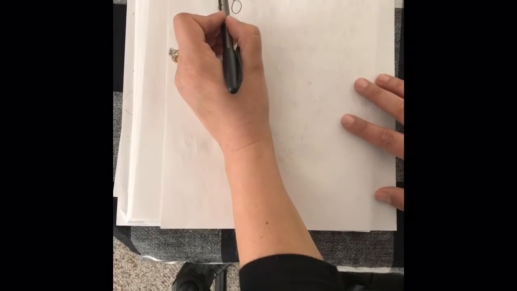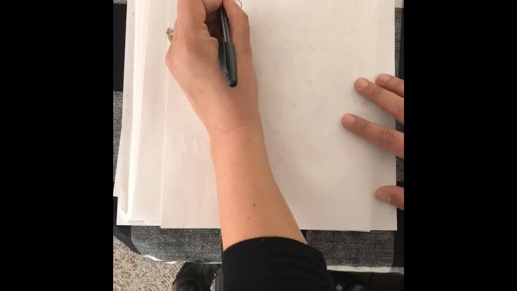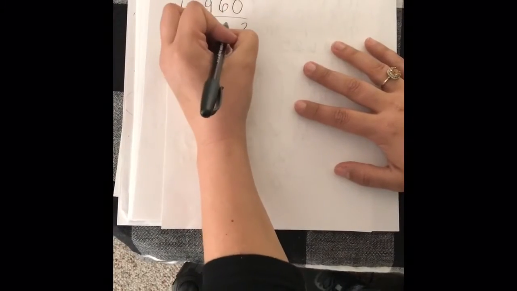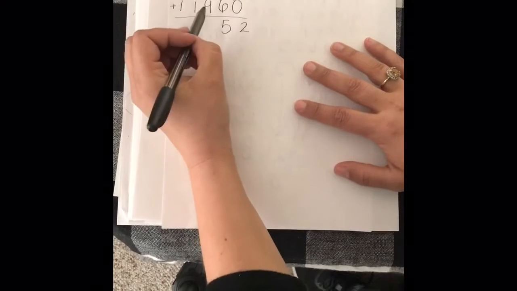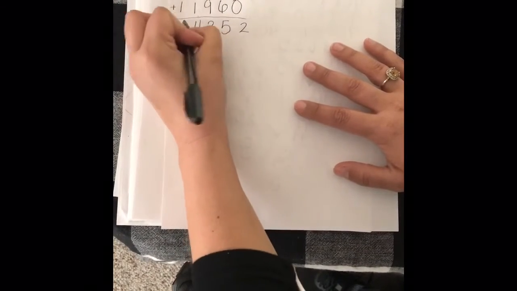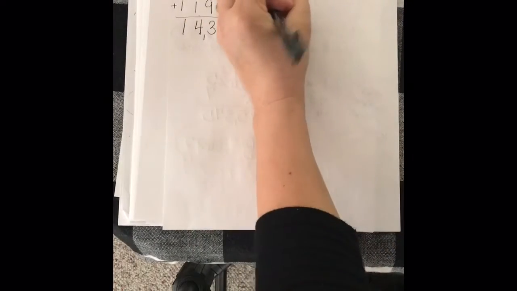Sweep the deck. 2 times 8 is 16. 2 times 9 is 18, plus 1 is 19. 2 times 5 is 10, plus 1 is 11. 2 times 0 is 0, plus 1. Then I'm going to add my partial products. 14,352, giving us a correct answer of B.